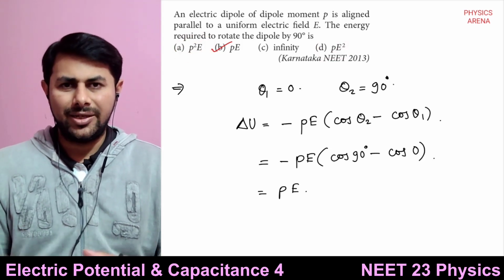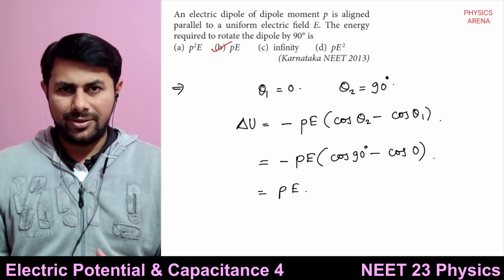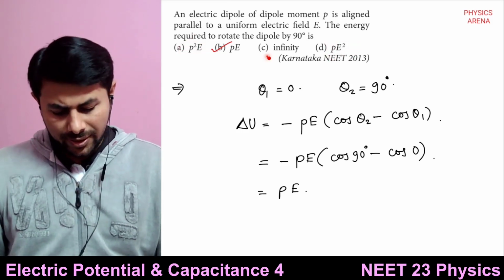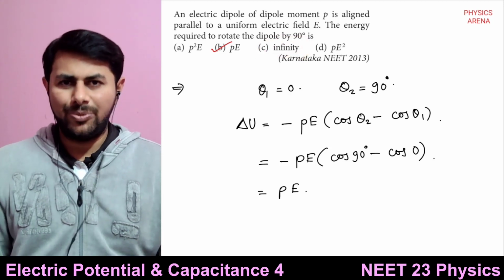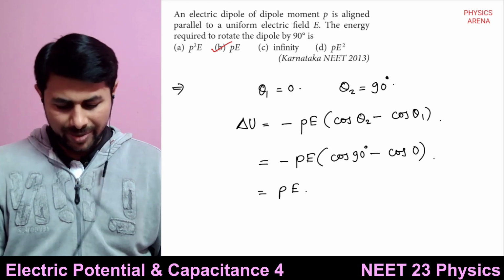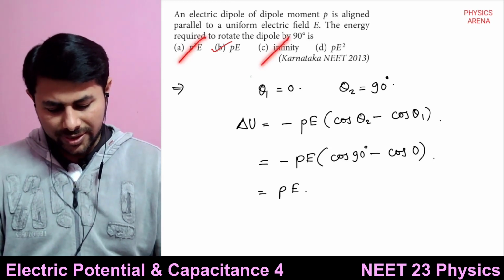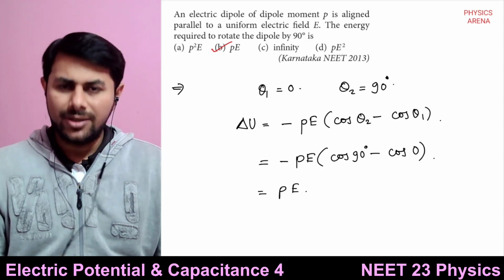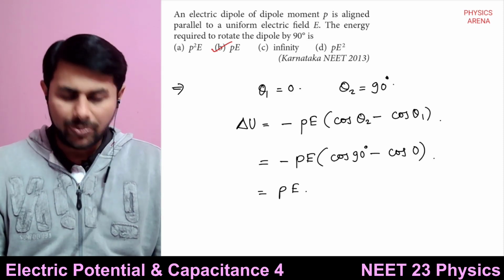It will be something multiplied by P. So this one and this one are dimensionally wrong. This one cannot be infinity, right? You are just rotating a dipole. Work done cannot be infinity. So these three are not possible.